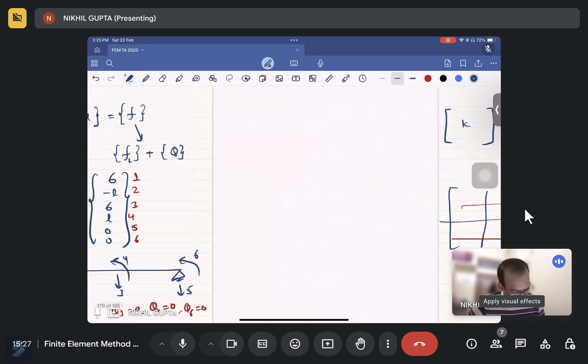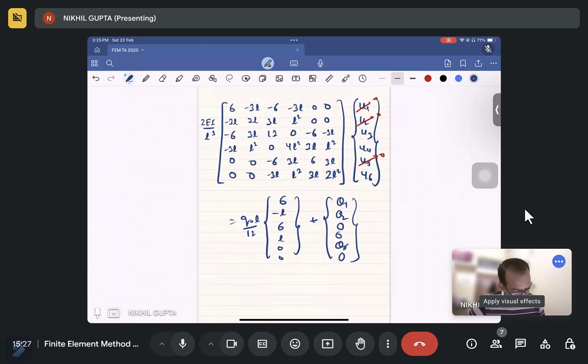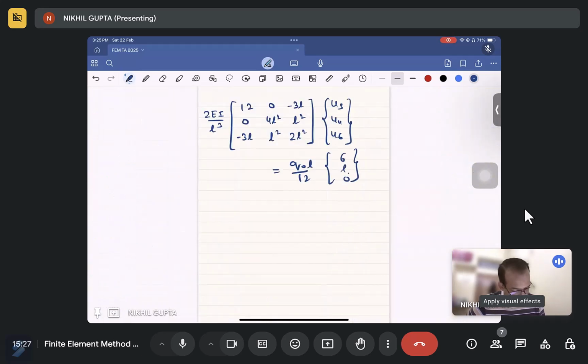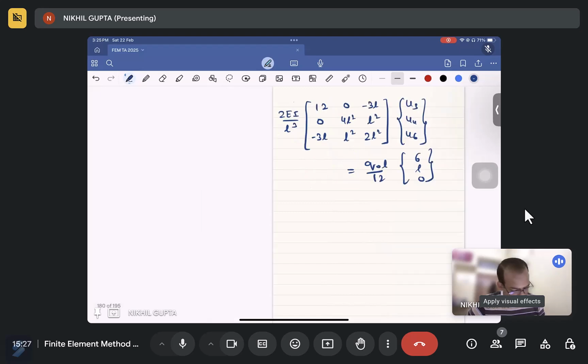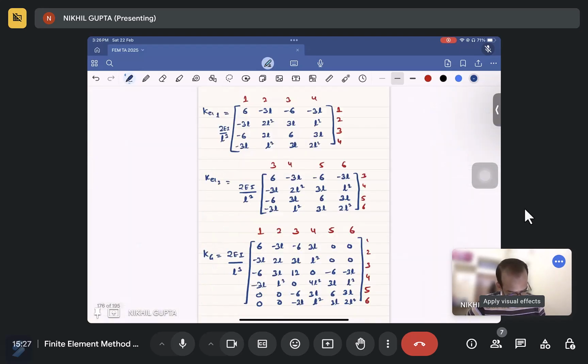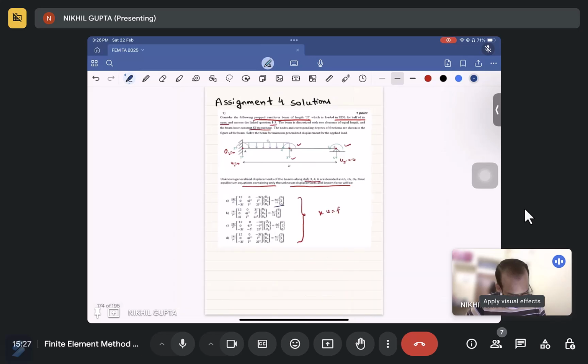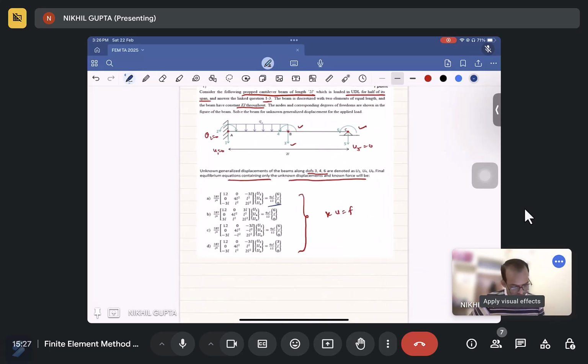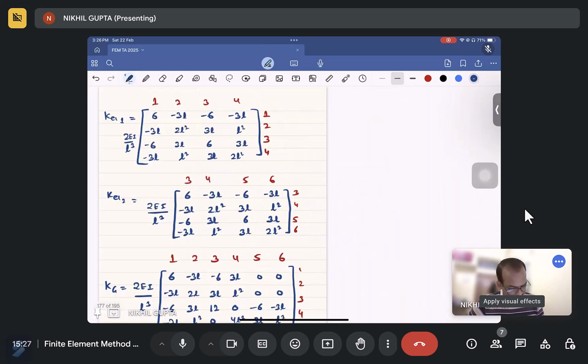I think we have got the same thing here, 6L by 12, and the matrix is the same. So I think yes, the answer is A. This 12 is there, minus 3L, this same matrix we have got, and the RHS is also the same.